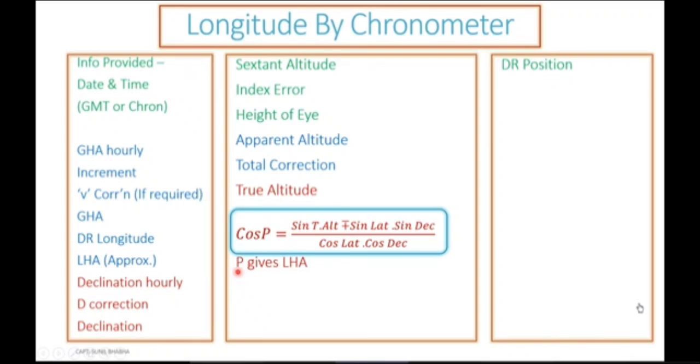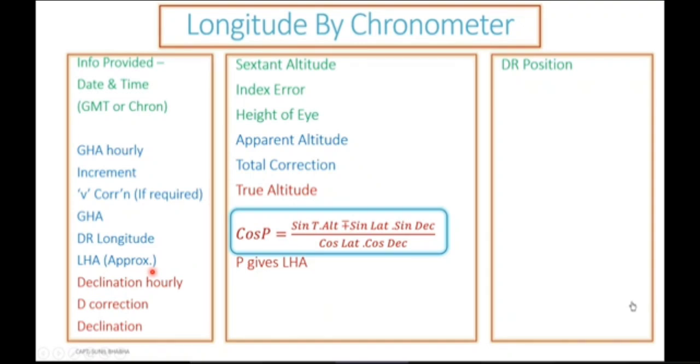So it immediately gives you an indication whether P will be equal to LHA or 360 minus LHA. Repeating once again, whatever value of P is obtained, compare that value with the approx LHA. If both of them are matching or close to each other, you take P equal to LHA.